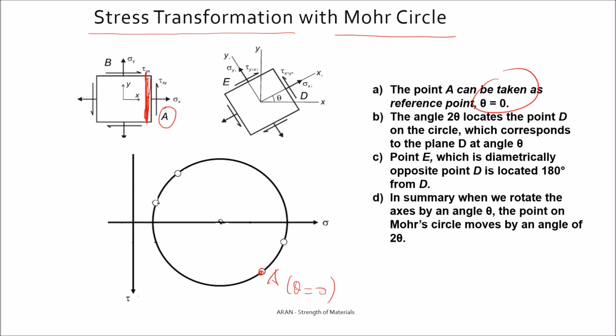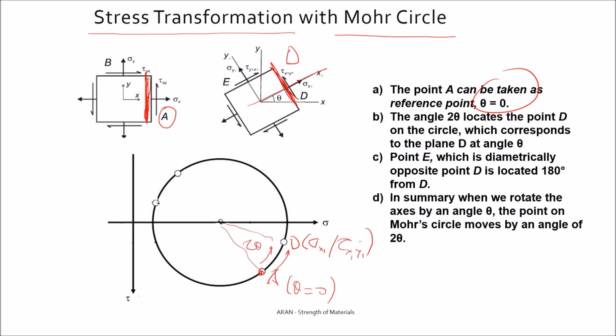So when you want to make a transformation by theta and come to a new plane D, what you should do is move by 2 theta on the Mohr circle and reach a new point, which is representing the plane D, and the components will be sigma x1 and tau x1y1.